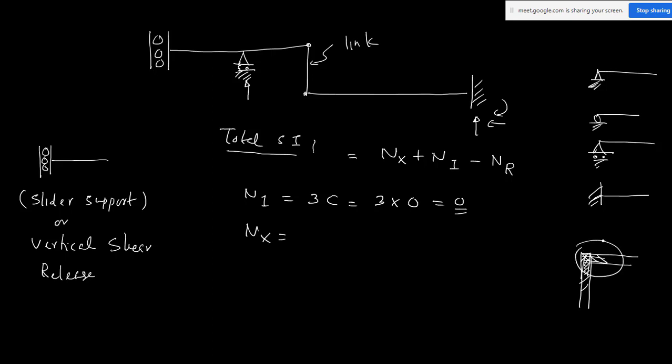That is the fixed support concept. In reality all supports may be fixed, but we will see this kind of support sometimes. I will show some photographs of how a pin support looks in real structures. Anyway, it is a slider support, also called a vertical shear release.